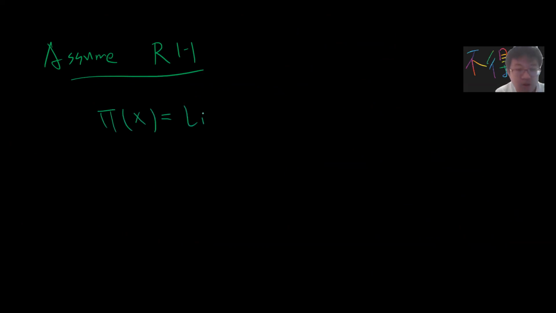Okay, and if you assume the Riemann hypothesis, you can prove that pi of x is Li of x plus the error. So this is why the RH is important, because in the Riemann hypothesis you assume that every zero is on the critical line with real part half. So you can prove that. Don't worry, I will prove this in the future.